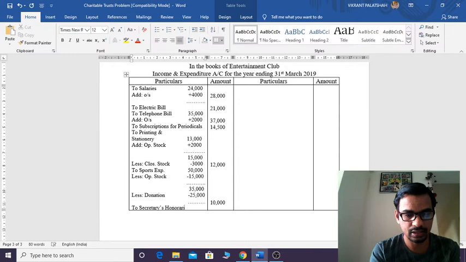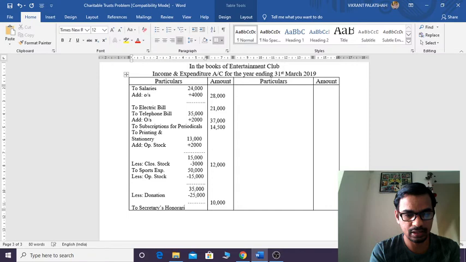The next one is 8% investment. Purchase of investment means the purchase of asset. Purchase of asset is capital expenditure. And as per the rule, capital expenditure and capital receipts are never recorded under the income and expenditure. That will be recorded under the balance sheet. So this amount we have to record under the balance sheet.